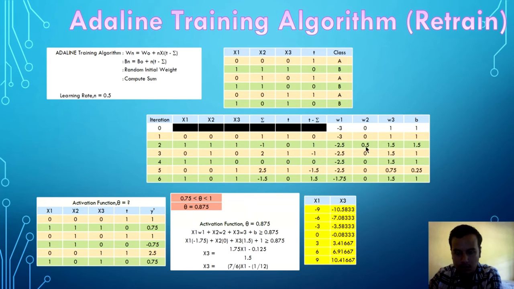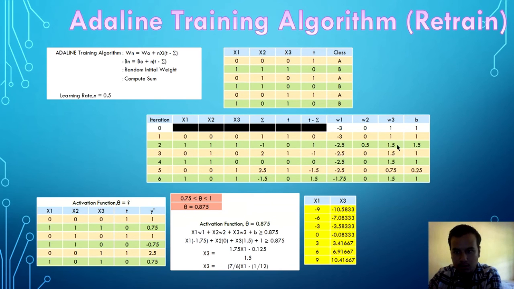For the next, W2, the old value is 0 plus N 0.5, x1 1, T minus sum 1, and then we got 0.5. For W3, W old is 1 plus 0.5 multiplied with 1, T minus sum is equal to 1.